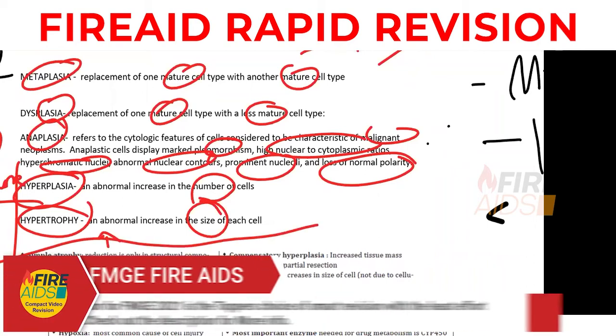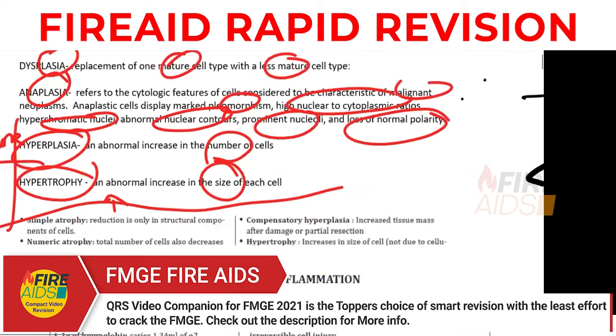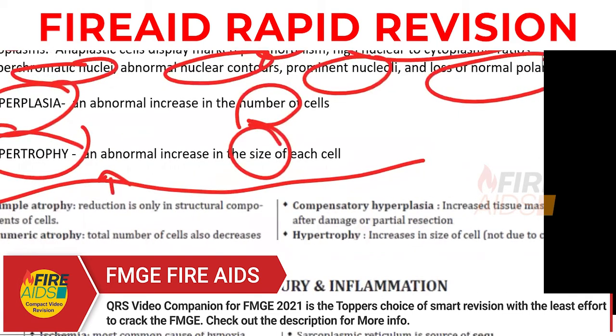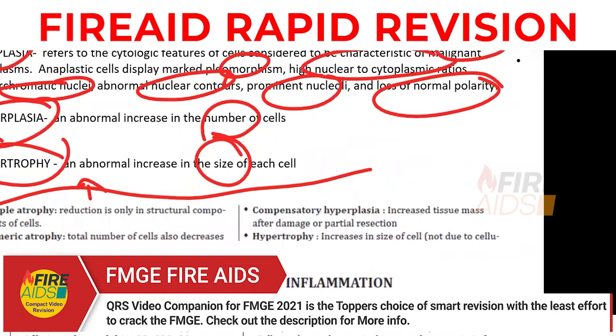Now, in QRS, a very important point is given. That is compensatory hyperplasia. This is increased tissue mass after damage or partial resection.